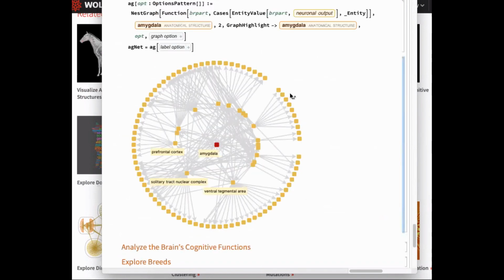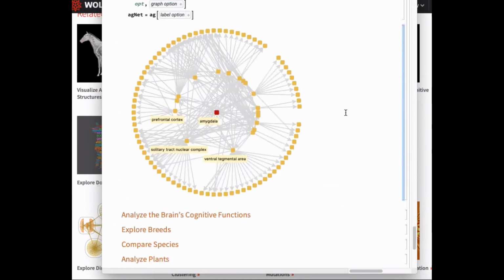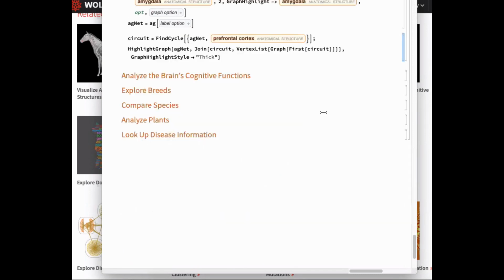And like this. Also, built-in mathematical graph functionality helps us analyze this network further. Feedback loop is one example. It's a key framework in any biological network to fine-tune the system, and you can find such specific circuits that involve particular structures, for example, the amygdala and prefrontal cortex.